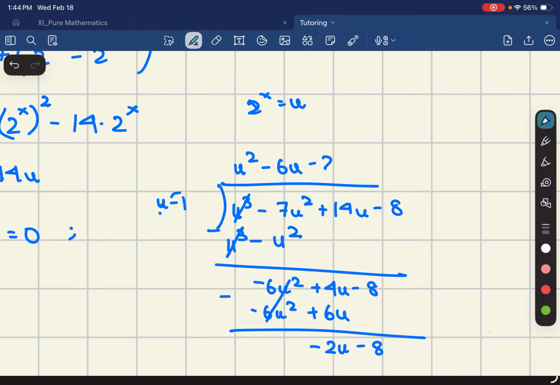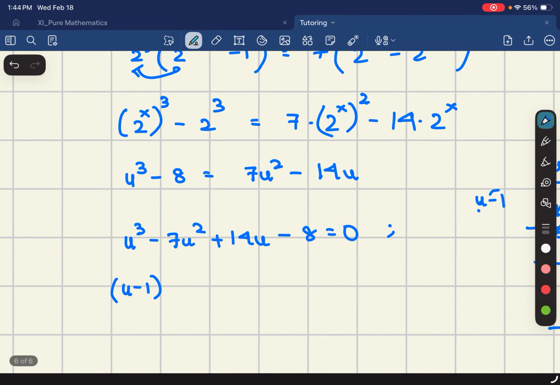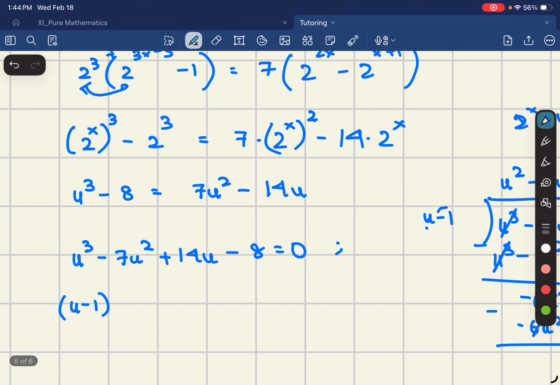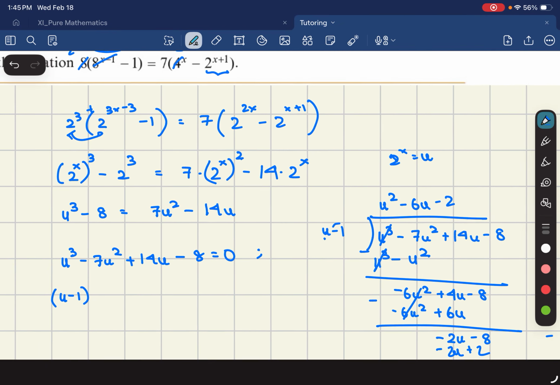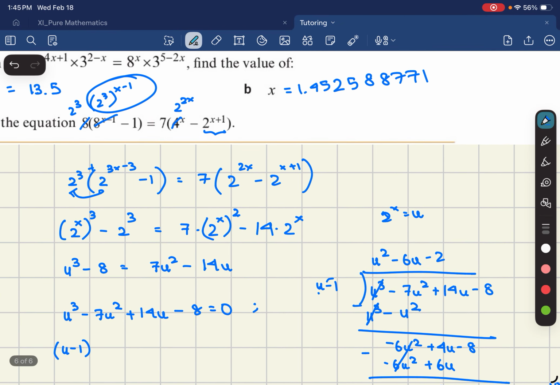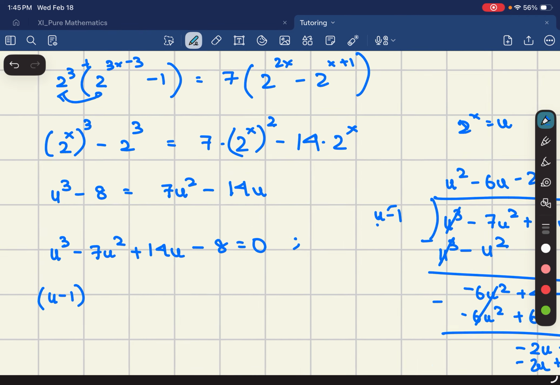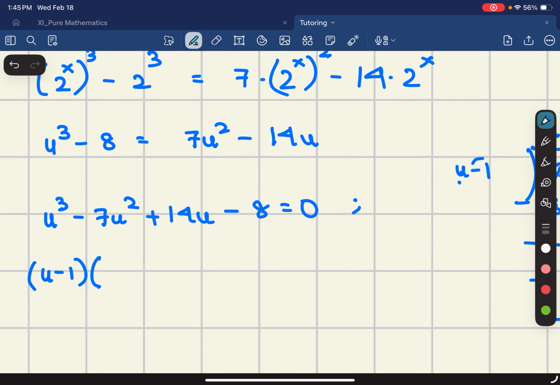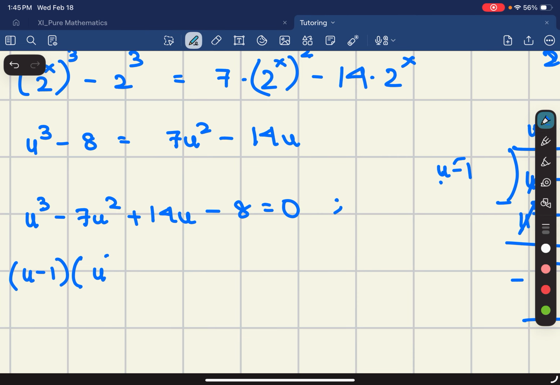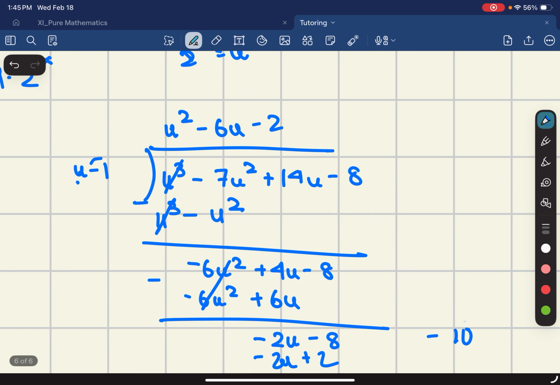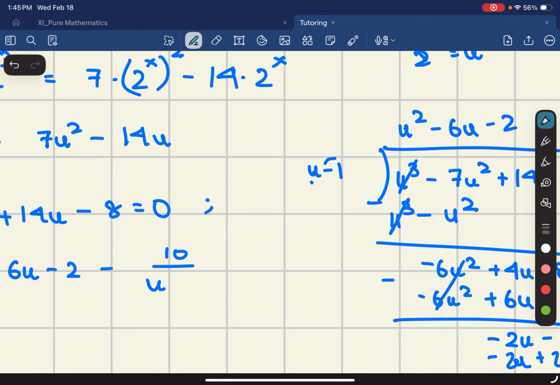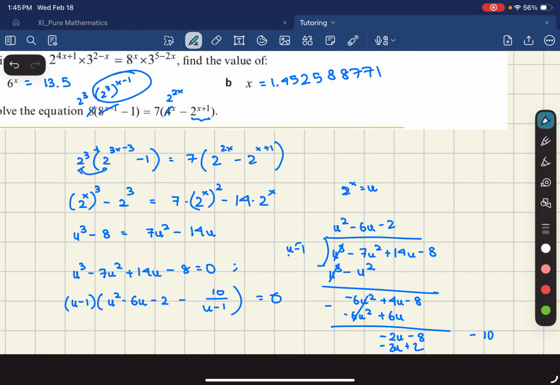I can multiply by minus 2, minus 2u plus 2, but I have a remainder minus 10. So I don't think that I can easily write the second term as a quadratic factor, because I get u squared minus 6u minus 2 minus 10 over u minus 1 equal to 0.